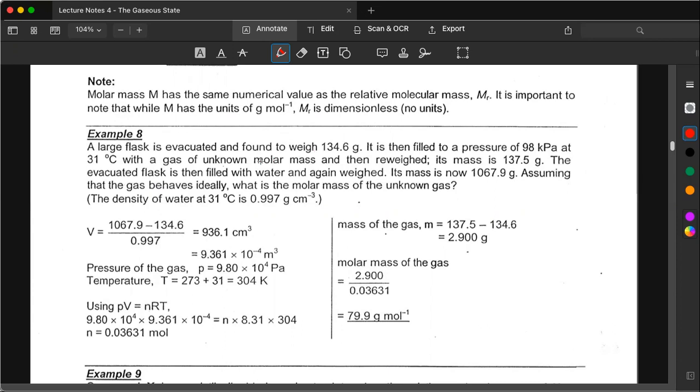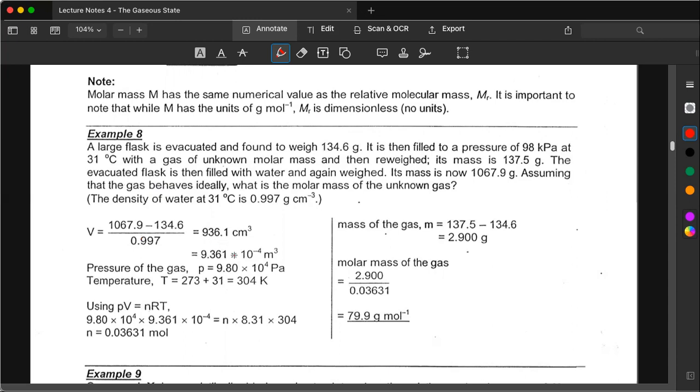So let's look at this expression first, to find the volume so that we can use it in the equation. The final mass is 1067.9 grams. The initial mass was 134.6. So this is the difference in the mass. And then you divide this by the density, and we obtain 936.1 cm3.